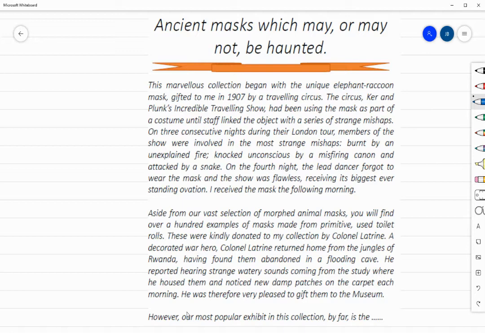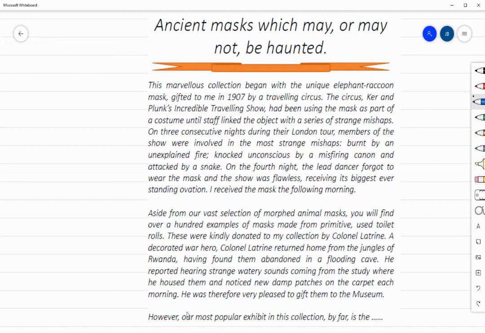Ancient masks which may or may not be haunted. This marvellous collection began with the unique elephant raccoon mask gifted to me in 1907 by a travelling circus. The circus, Kerr and Plunk's incredible travelling show, had been using the mask as part of a costume until staff linked the object with a series of strange mishaps.